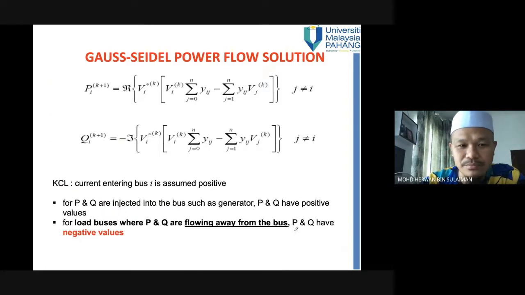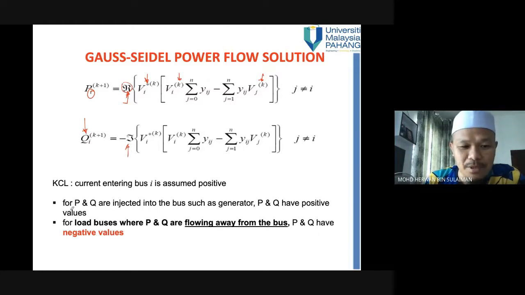So we will use this equation, where Pi for the next iteration equals Vi for the current iteration times the conjugate of this term, which is Vi for the current iteration times Yij minus Yij times Vj for the current iteration. To get the real and reactive values, we take the real part for P and the imaginary part for Q.